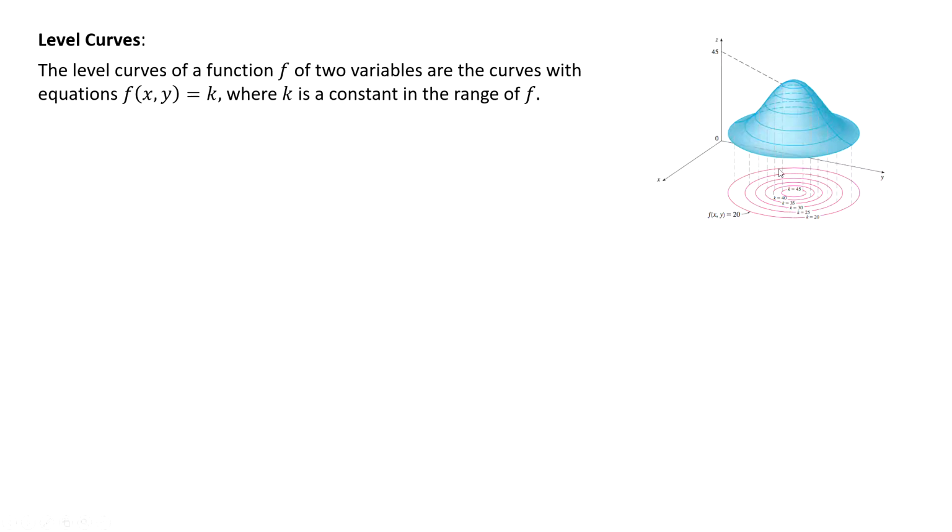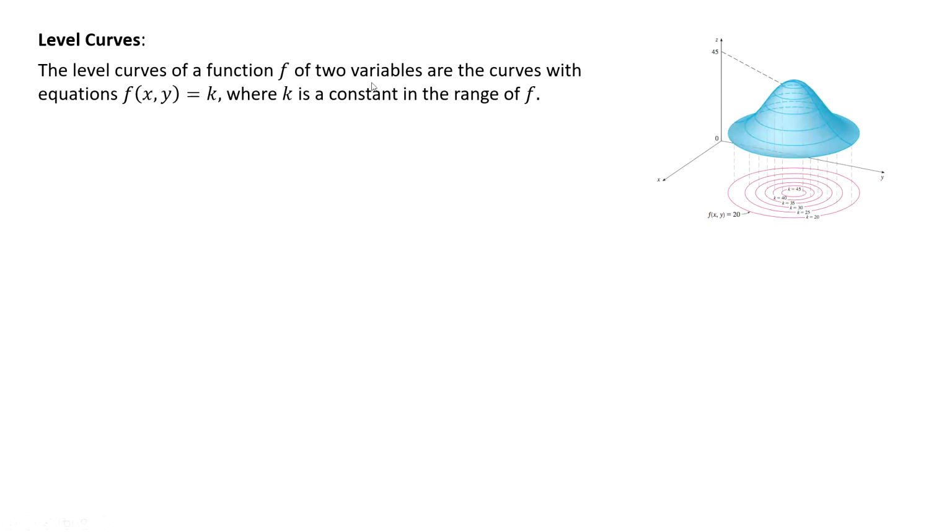Cool. However, if we went to a height of 25, we get a different curve. We get a circle. Maybe it's actually an ellipse. I don't know about this particular one. This is a generic one. In fact, we'll go to specific ones pretty soon. So we get a circle or an ellipse of some kind at a different height. And at k equals 30, we get this. So each one is a level curve, right?